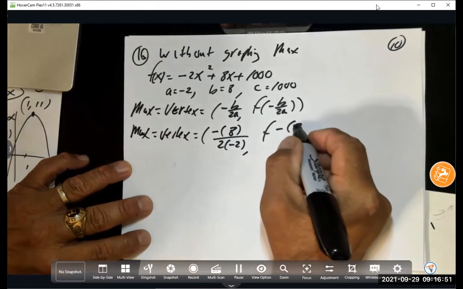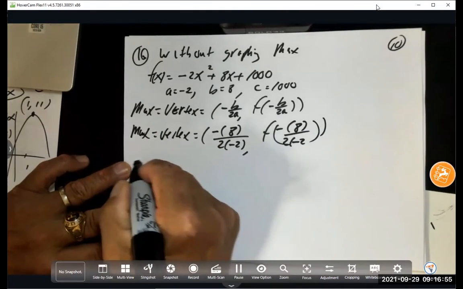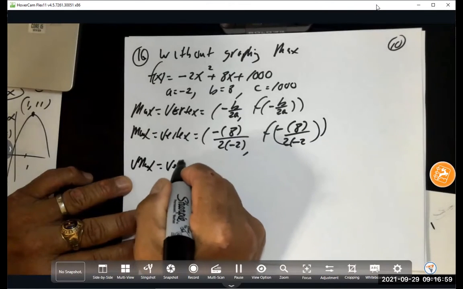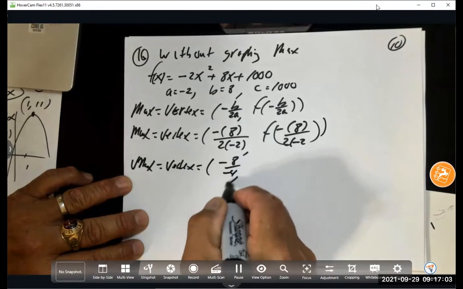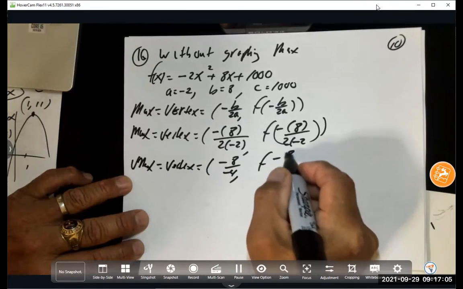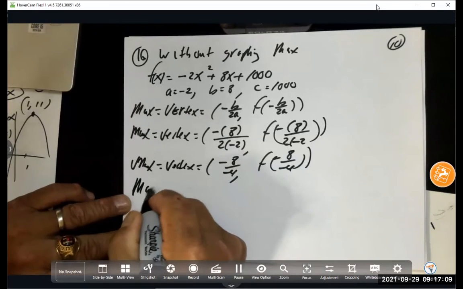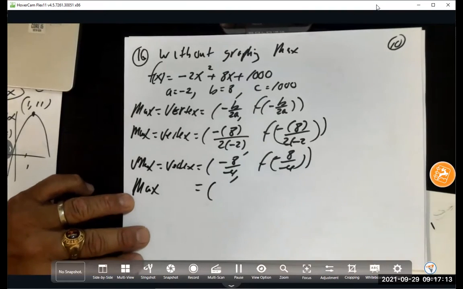F of negative of 8, and 2 times negative 2. So this is going to be the vertex again. Negative 8 over negative 4, and f of negative 8 over negative 4. So the max again is going to be, what's the negative 8 by negative 4?